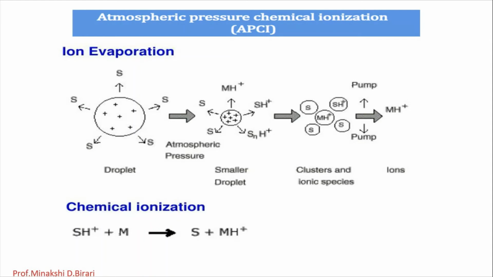Due to the collision, ion-molecule charge transfer between solvent and analyte takes place, and that will produce ions, positive ions and negative ions. By two techniques, solvent ionizes or analyte ionizes, where solvent ionization leads to formation of positive ions and analyte ionization leads to formation of negative ions.